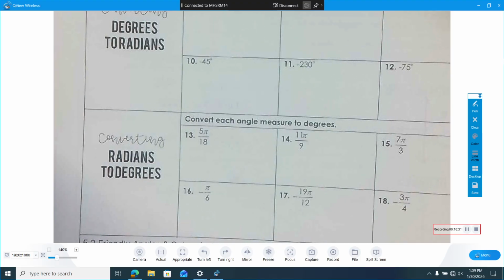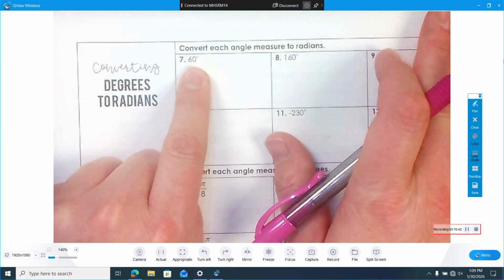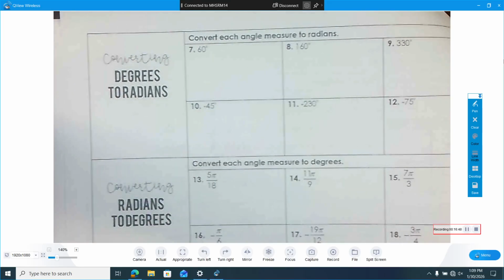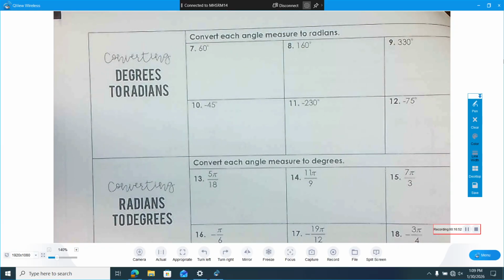And you're going to go, it's 180 degrees. And that's going to help us. We want to convert each angle measure into radians. So right now, what is it in? Degrees. And how do you know that? Because it has a degree symbol. Yeah.